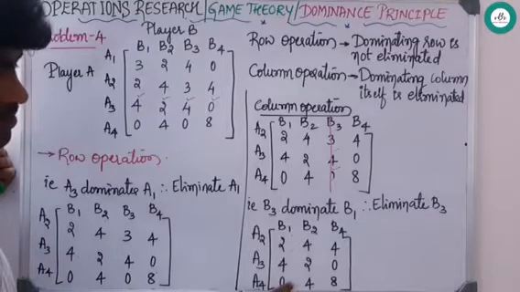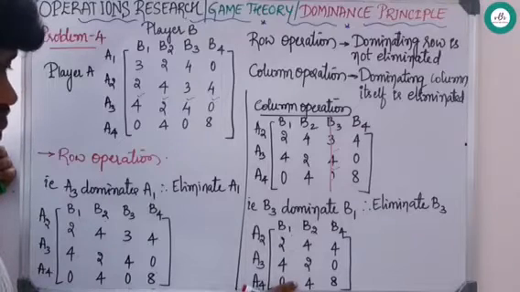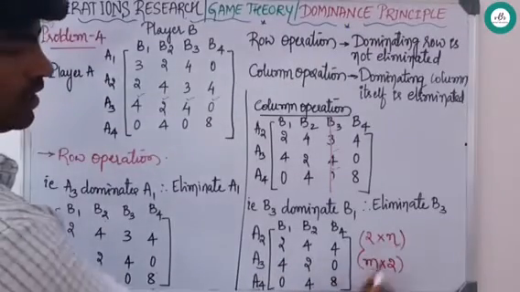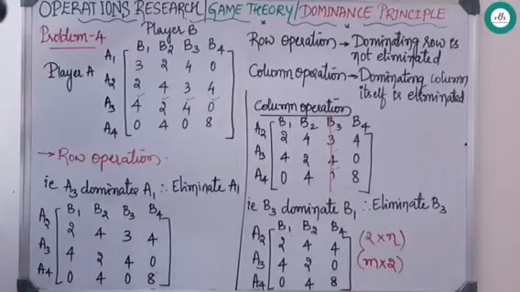You can't proceed with type 2, because in type 2 it should be 2 cross 2. In type 3 it should be 2 cross n or m cross 2. So we shall check this with type 1, that is whether the saddle point exists or not.